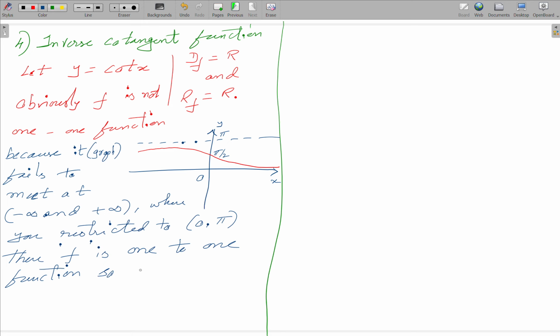So the inverse of cot exists and is denoted as cot inverse.